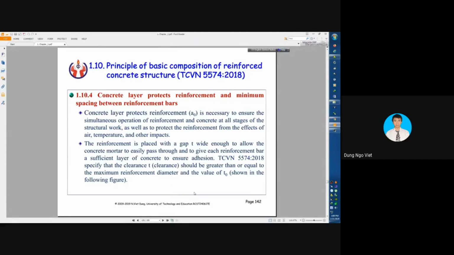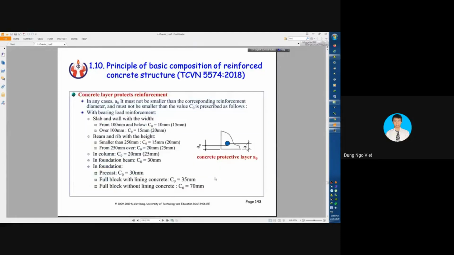So according to the Vietnamese standard TCVN 5574:2018, this standard specifies that the clearance T should be greater than or equal to the maximum reinforcement diameter and the value of T0, as in the following figure.